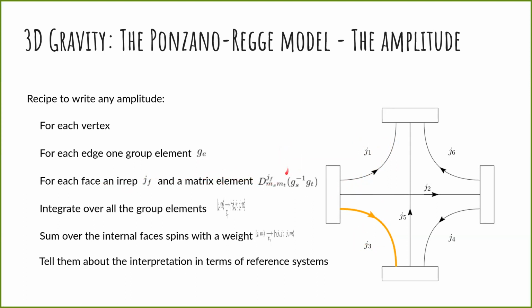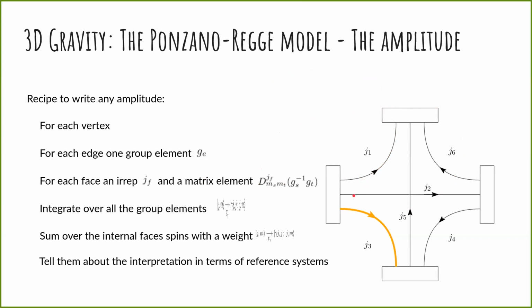And a matrix element given by the Wigner matrix of the product of the group element of the source inverse, and the group element of the target. Here I'm implicitly saying that you also fix an orientation, as Maite also explained in the first week.